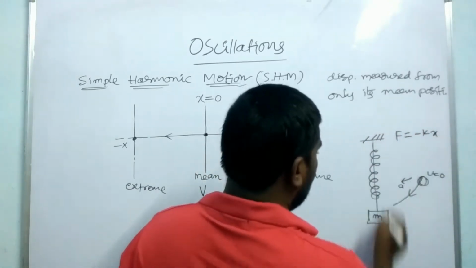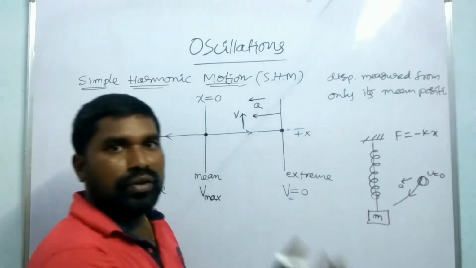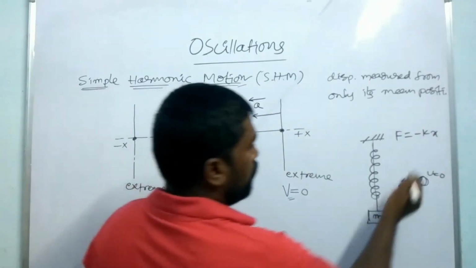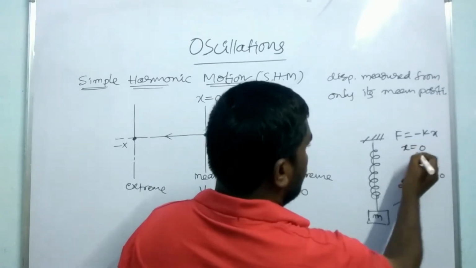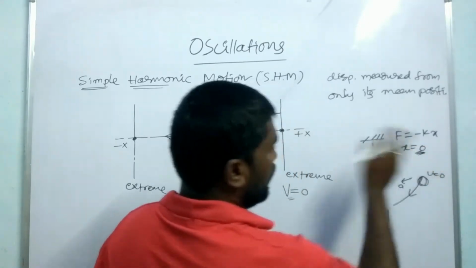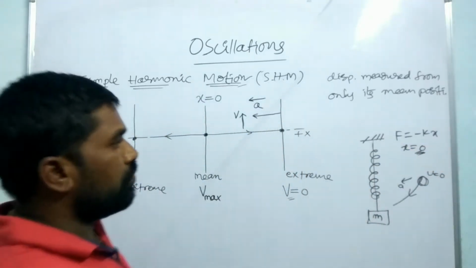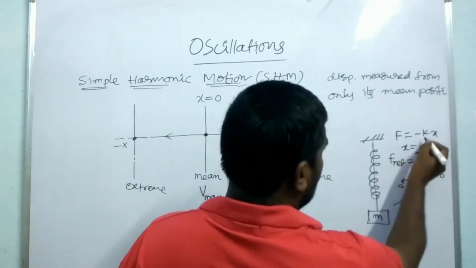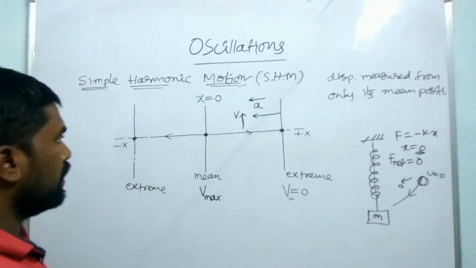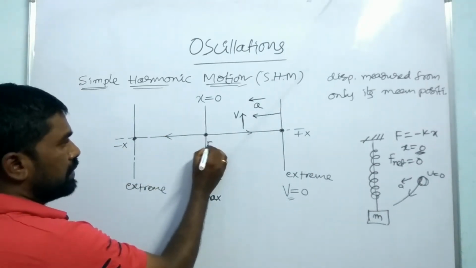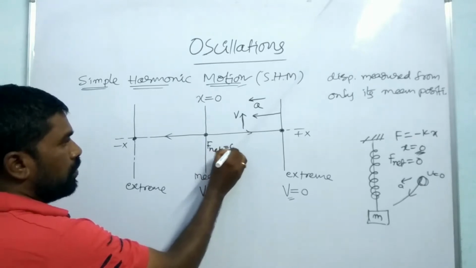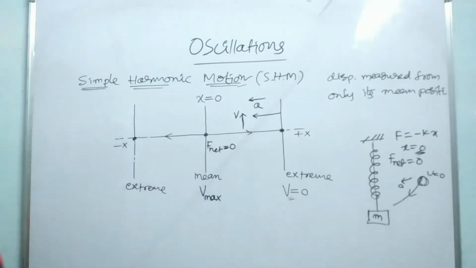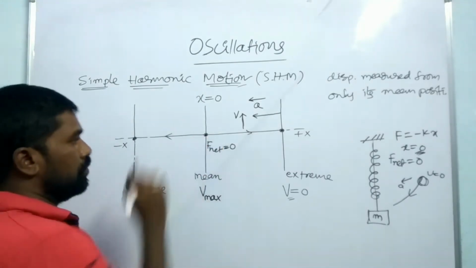At the mean position, or the equilibrium position, x is equal to 0, so F net is equal to k into 0, which is 0. So the net force F net acting on the particle at the origin, the mean position, is equal to 0.